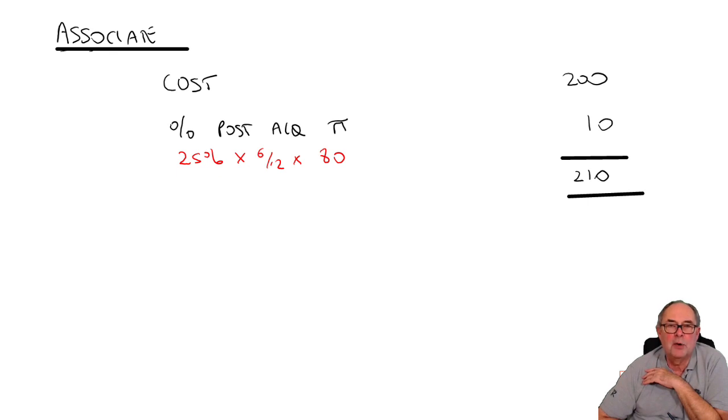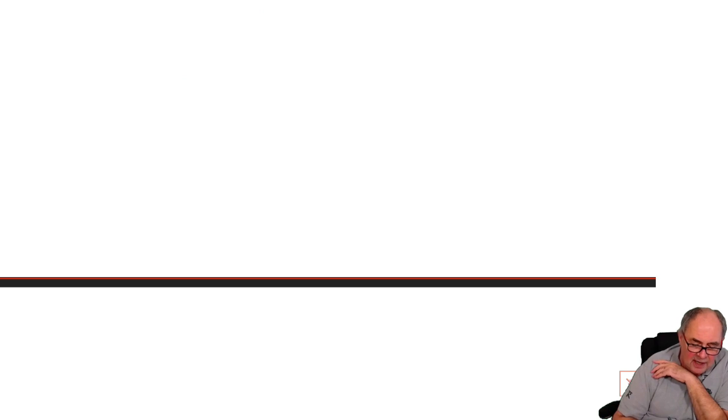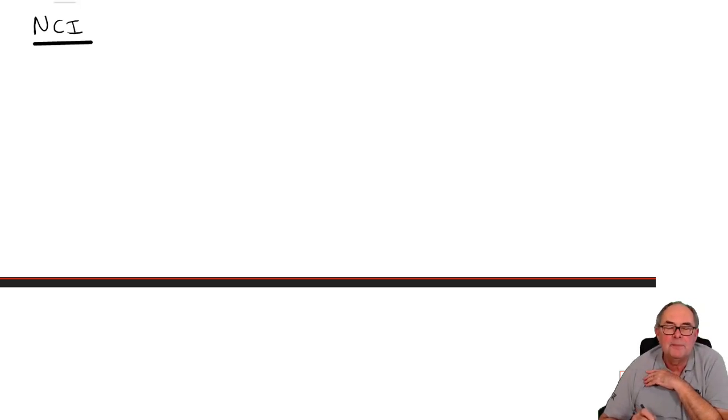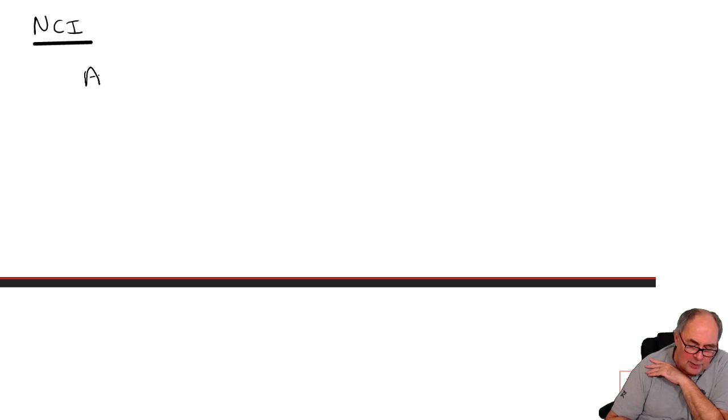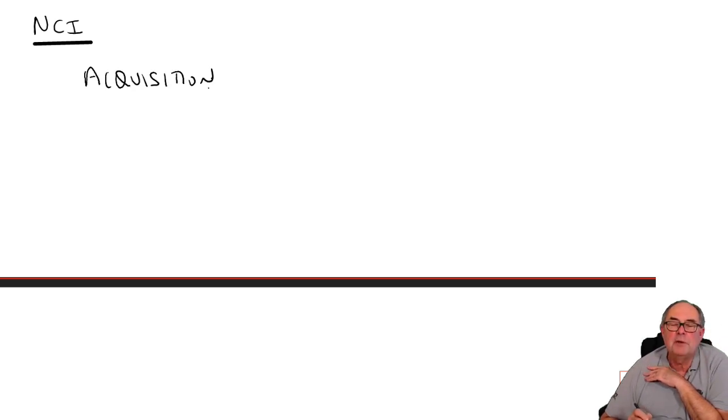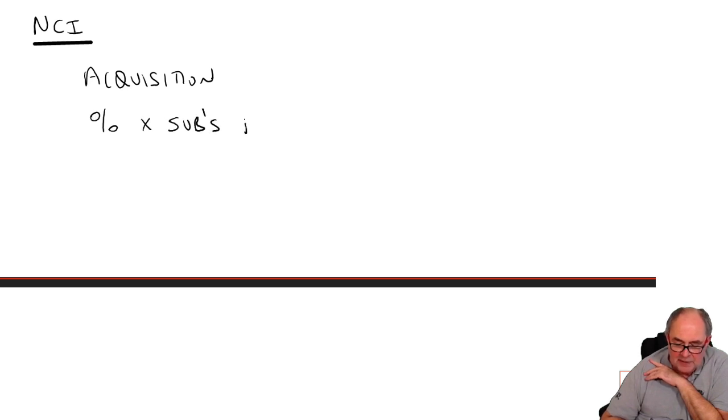We're asked for 2 more things. The next one is the NCI. NCI will be the NCI at acquisition. Don't forget that's the same number as in the goodwill, plus the NCI share of the sub's post-acquisition profits.